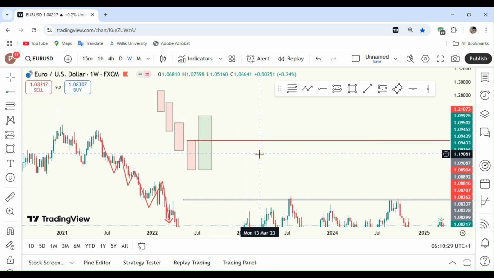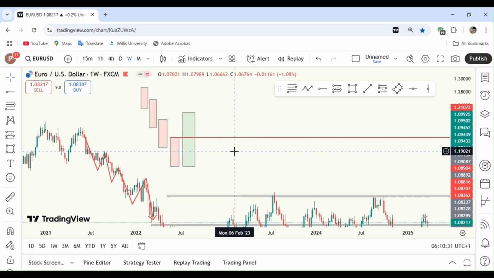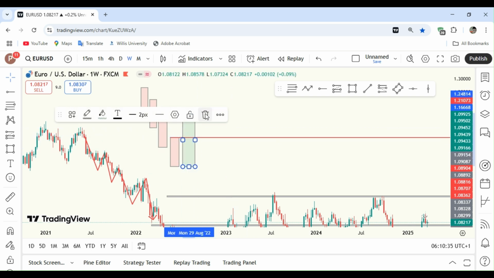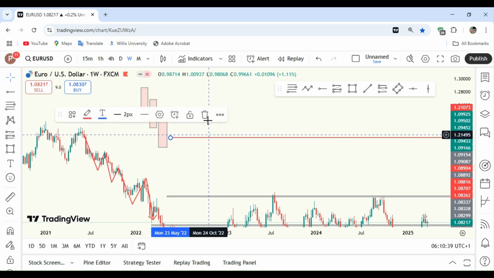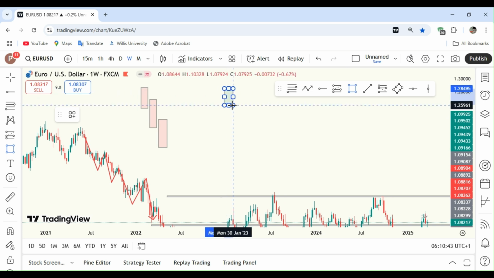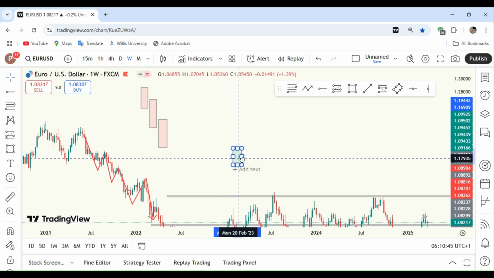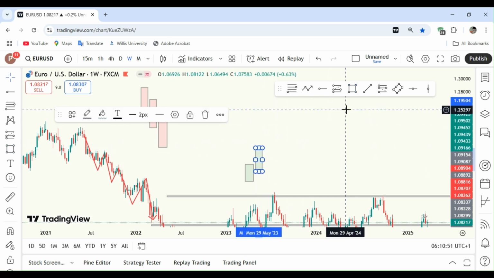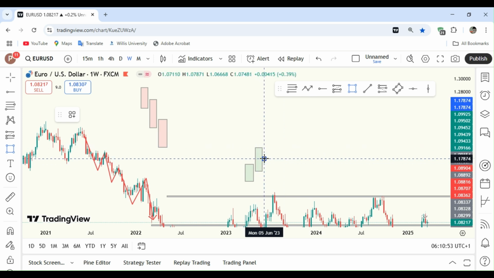Okay, the same goes for our bullish structure. Let's say for instance the market is putting up bullish candles, and let's say this is a weekly time frame.